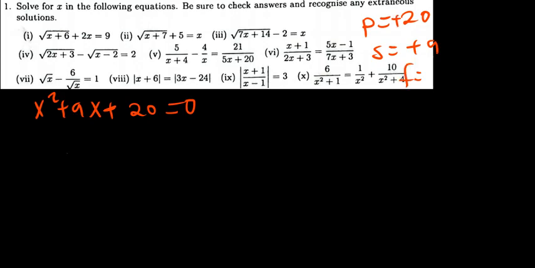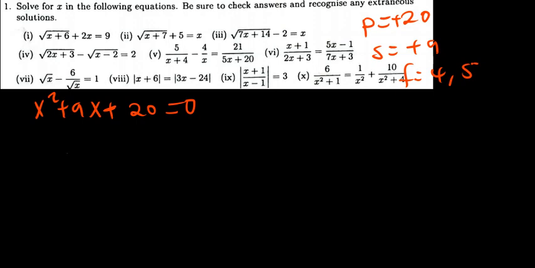Let's find the values of x. So the product is 20. The sum is positive 9. What will be the factors? The factors should be 4 and 5, both positive. Like I said, if the coefficient is positive 1 here, these are the solutions.